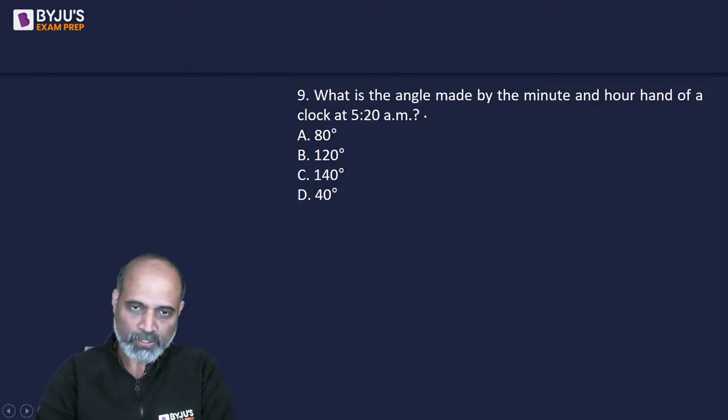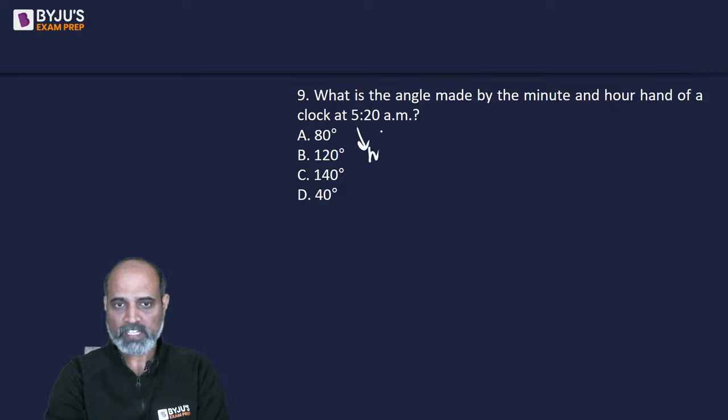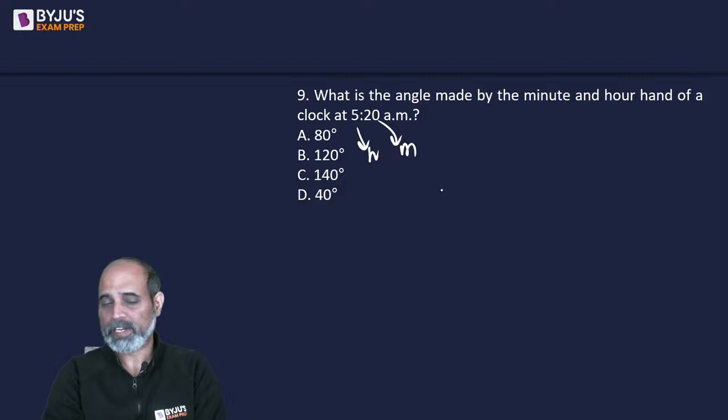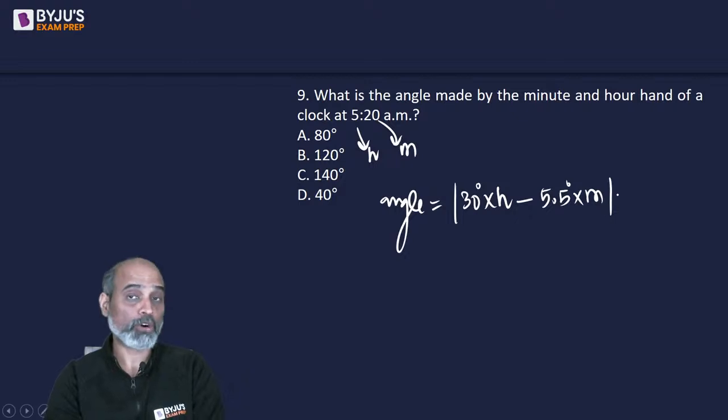Okay, next question. What is the angle made by the minute and hour hand of a clock at 5:20 a.m.? So the value of h over here is 5. The value of m over here is 20. The angle formula between the hands is given as 30 degrees into hour minus 5.5 degrees into minute, and the mod of that value.